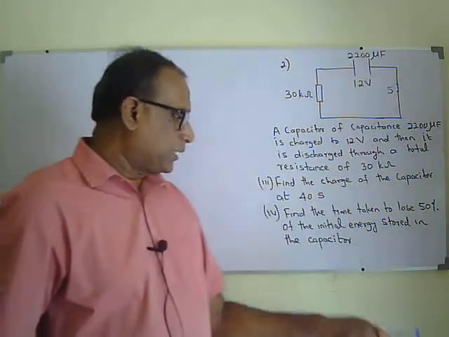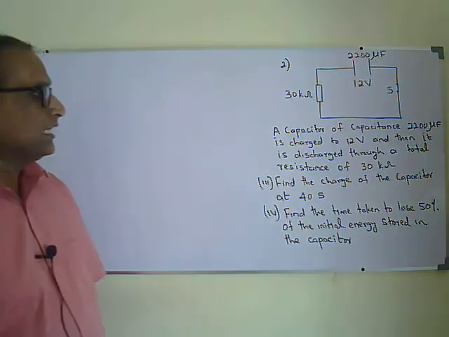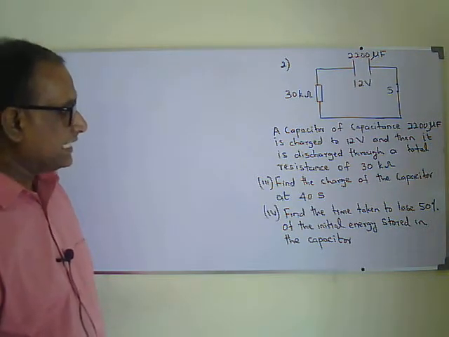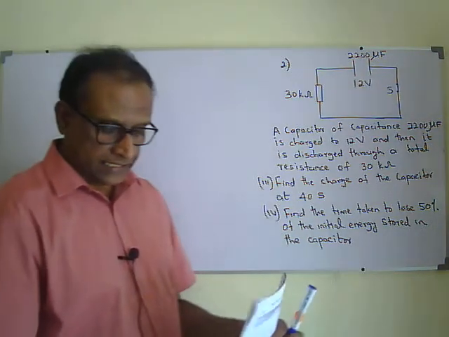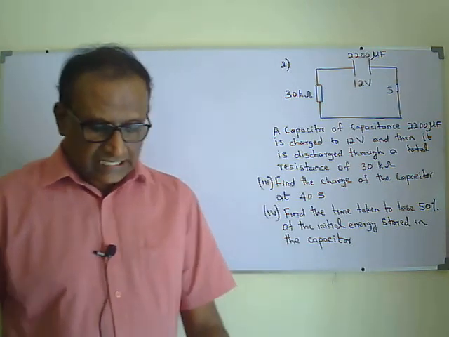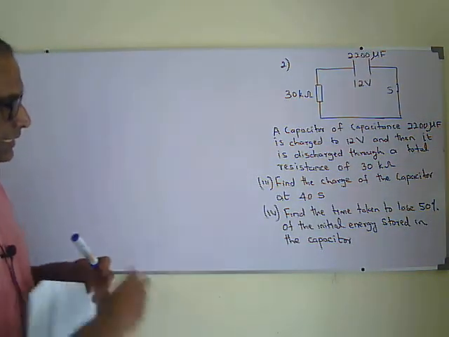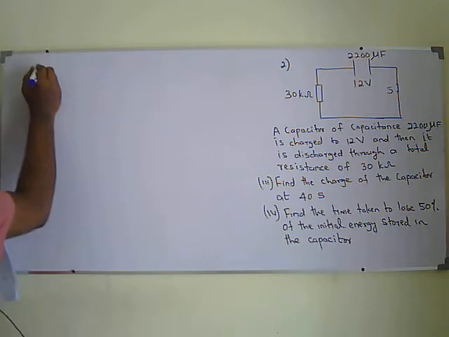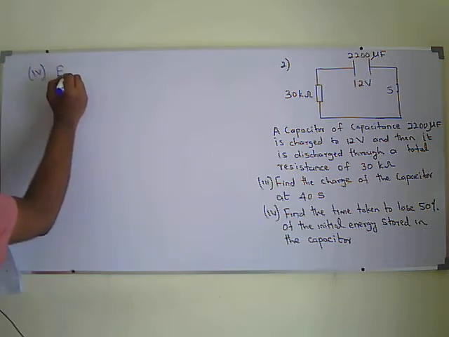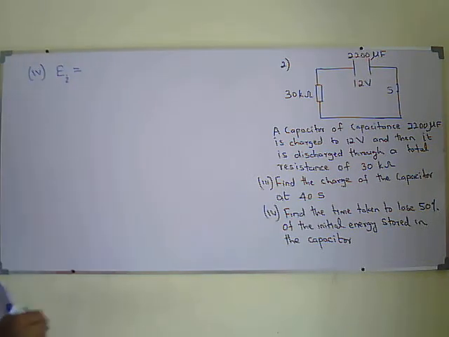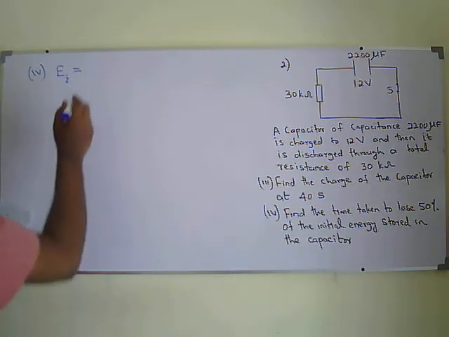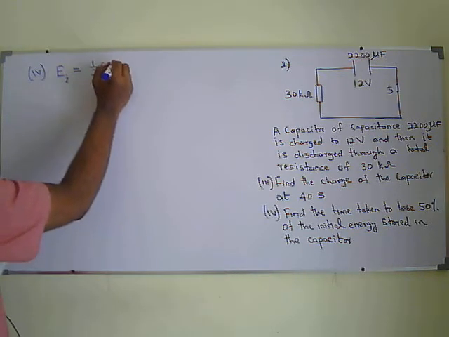Okay, the next part, find the time taken to lose 50% of the initial energy stored in the capacitor. So I can say the initial energy stored in the capacitor, E I, is given by half C V naught squared.